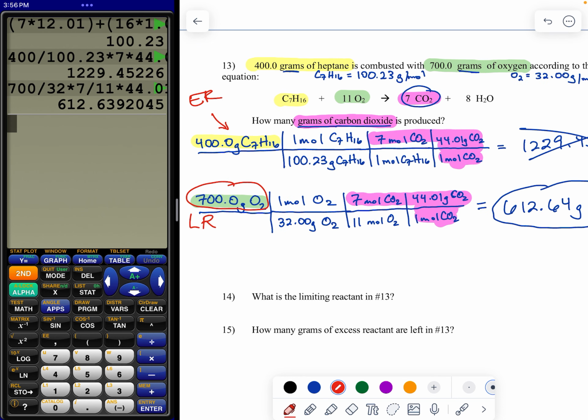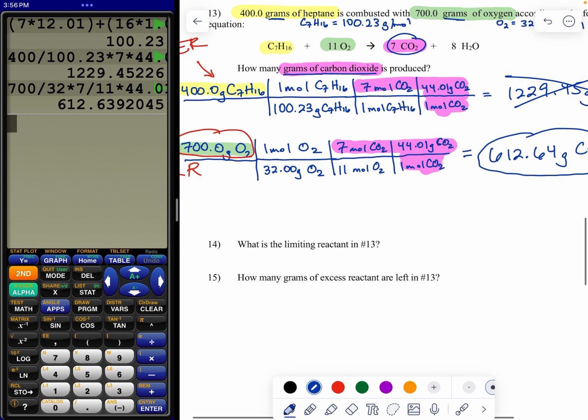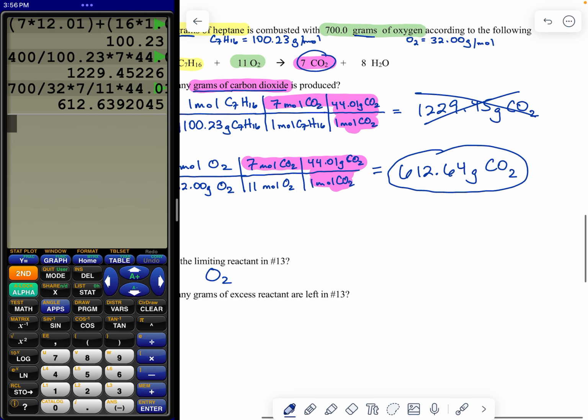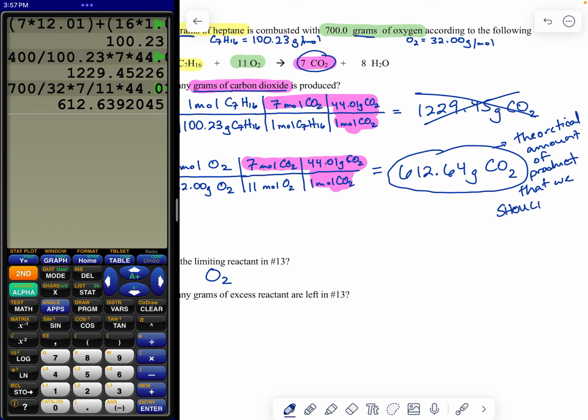All right? And what's cool about that is that gives us a couple of things. That gives us the limiting reactant, which we said is O2. And that also gives us this, I'm going to say, theoretical amount of product that we should make, right?